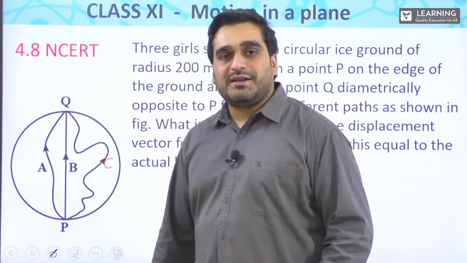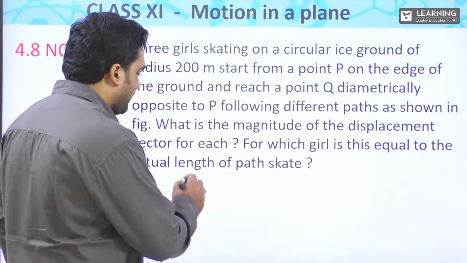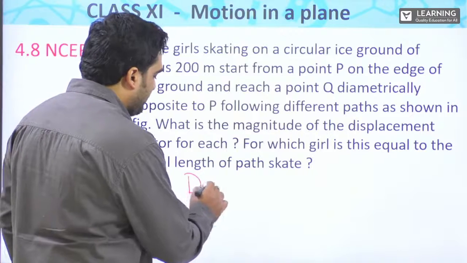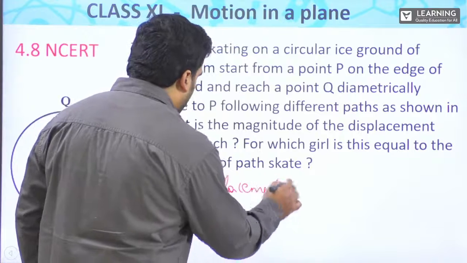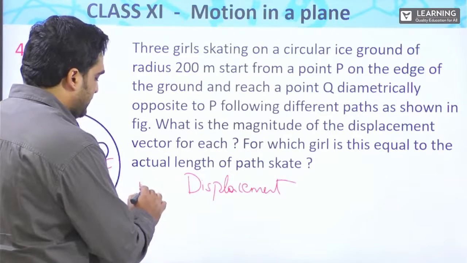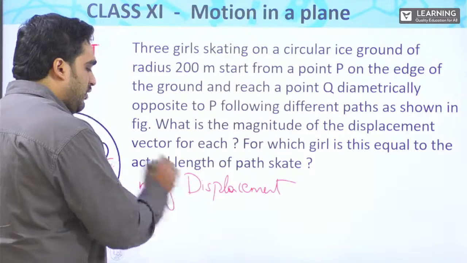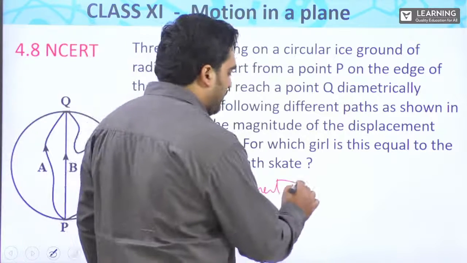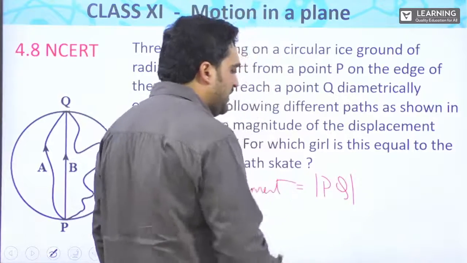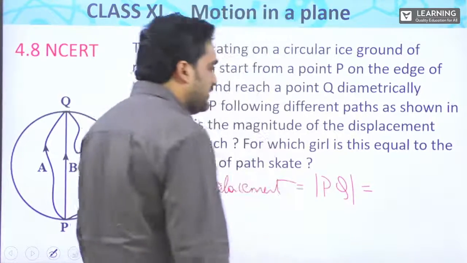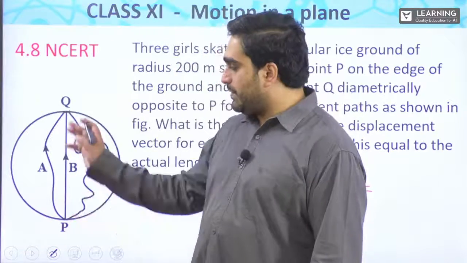So let us try to identify the first part of the question. What would be the displacement? Displacement or magnitude of displacement. Okay, so magnitude of displacement, which is magnitude of PQ, that is equal to, what is the magnitude of PQ?